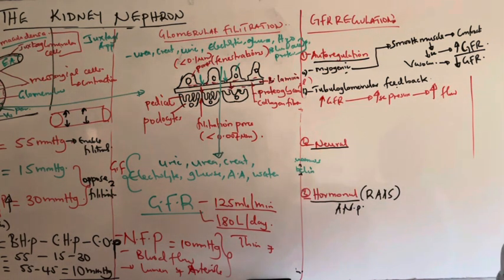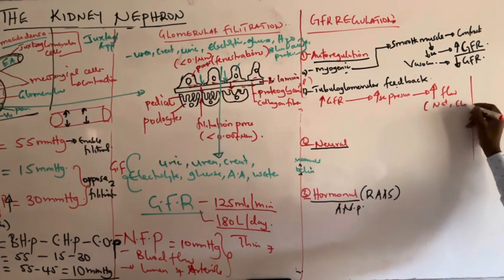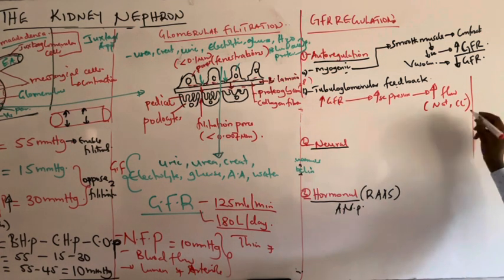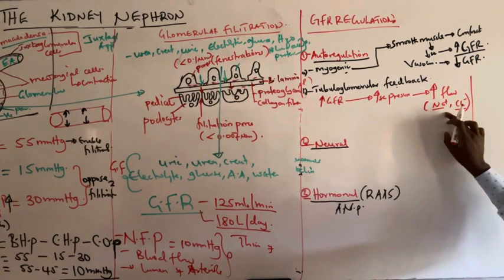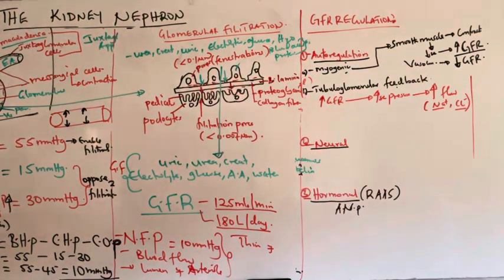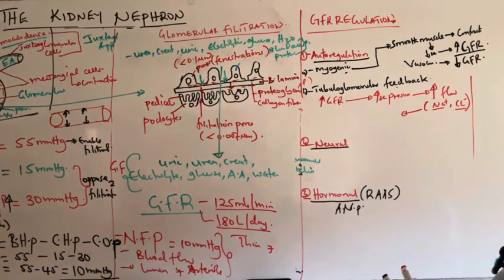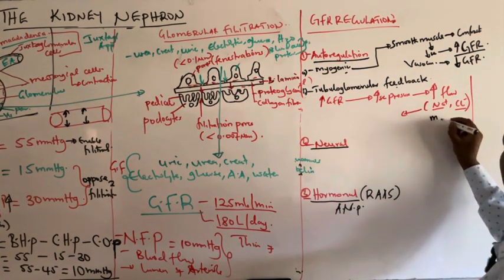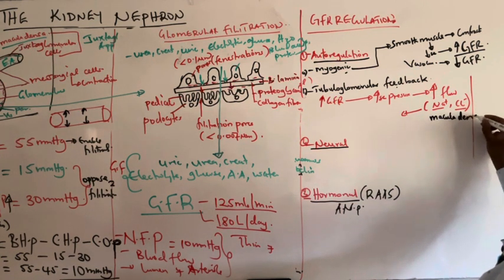And when the blood flows faster into the nephron, it brings more sodium ions and chloride ions. So there is an increase in sodium and chloride ions being delivered in the nephron. And these are detected by the macula densa.